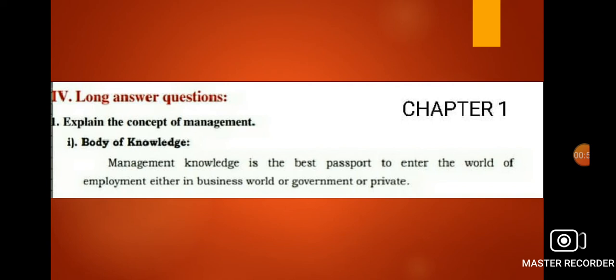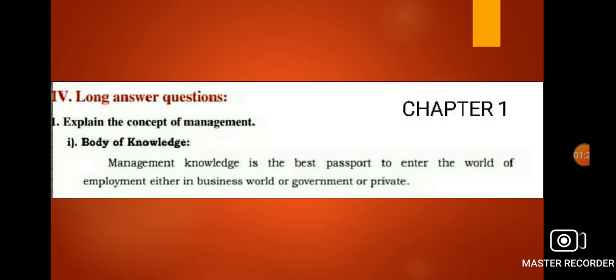The management concept can be understood from its profound characteristic features as follows. First one, body of knowledge. Then second one, management tools, separate discipline, then specialization, then professional association. First, we can see the topic body of knowledge.